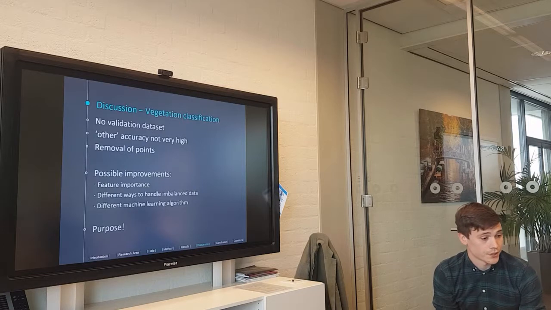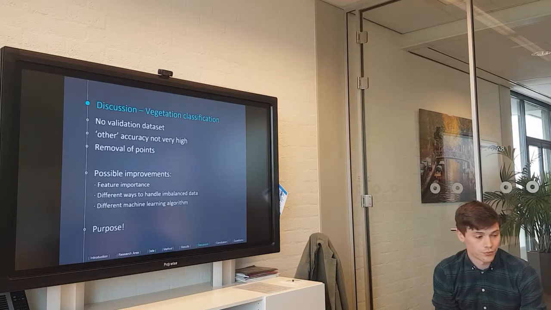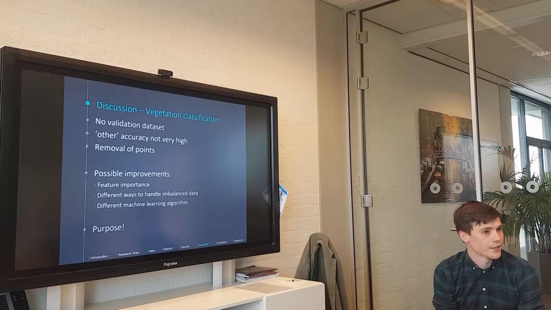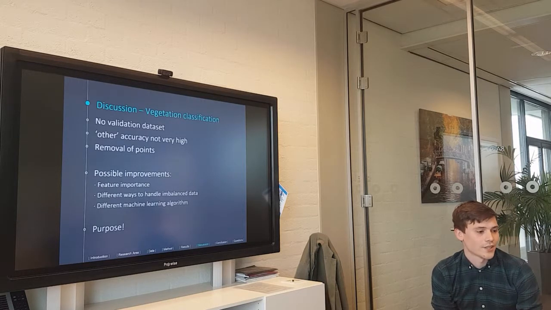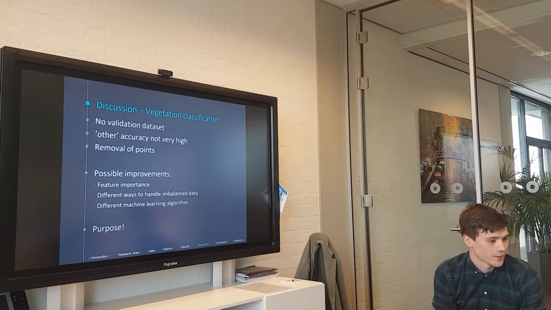The overall accuracy is not very high, but again we have to keep in mind the removal of the points. The points we threw away are very easily classified as non-vegetation or other. Those are the easiest points to classify, and we threw them all out. So of course you're left with the harder points, and that leads to less high accuracy numbers.